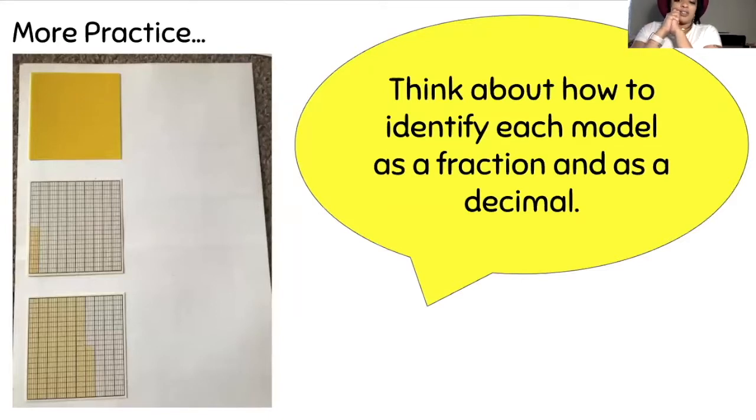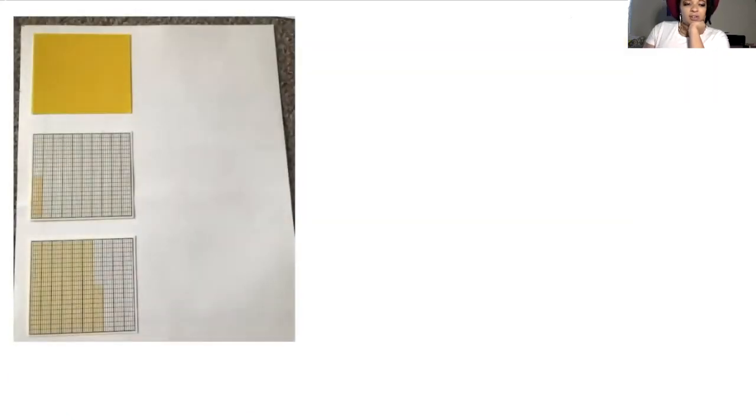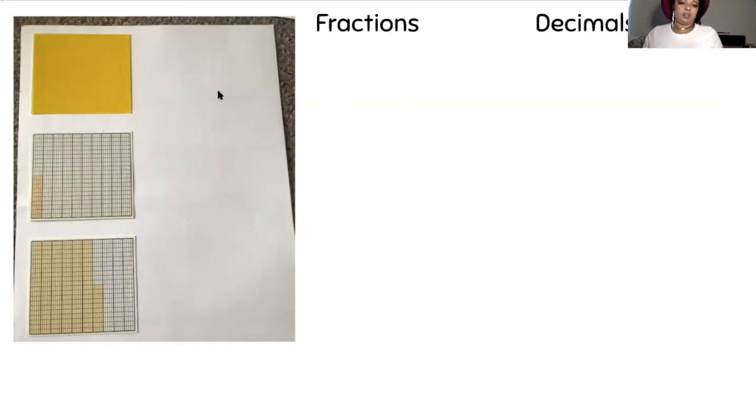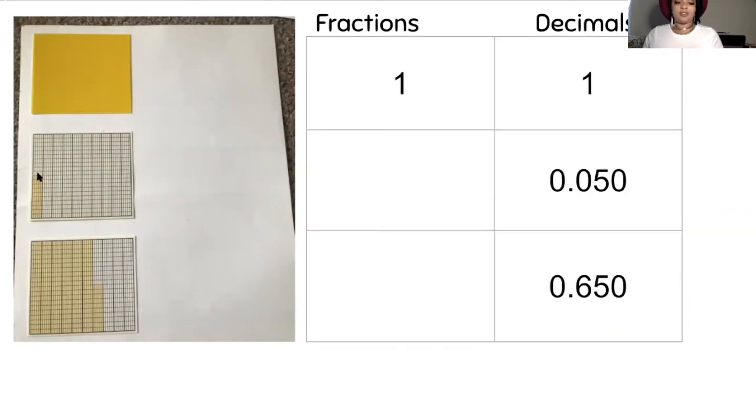How about these fractions? How would you model them as a fraction, as a decimal? Pause the video here and think about it. Well, you know that each one of these is 5 hundredths or 50 thousandths that's shaded in here.